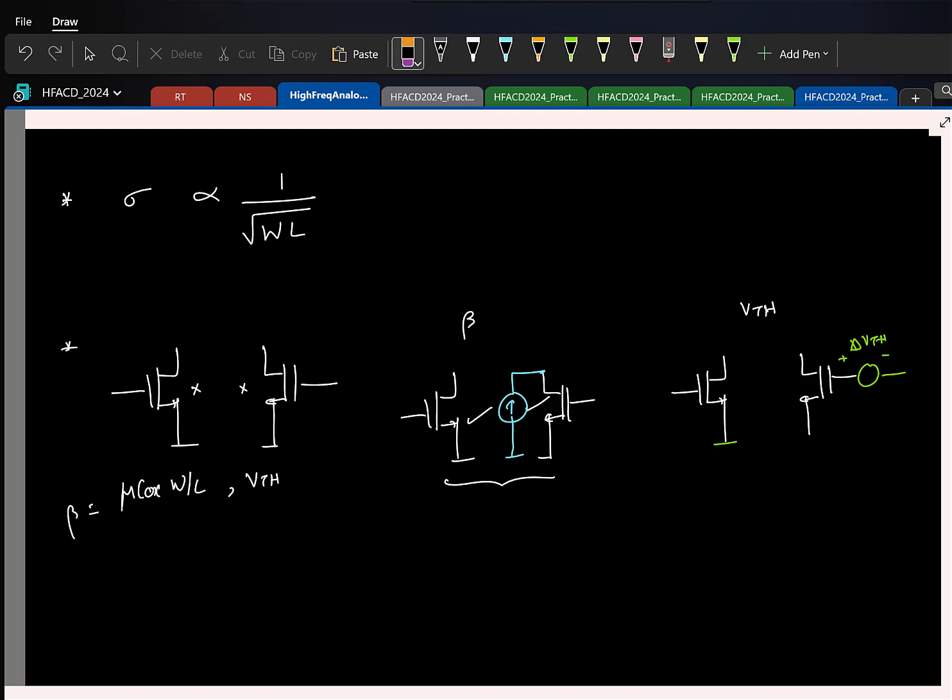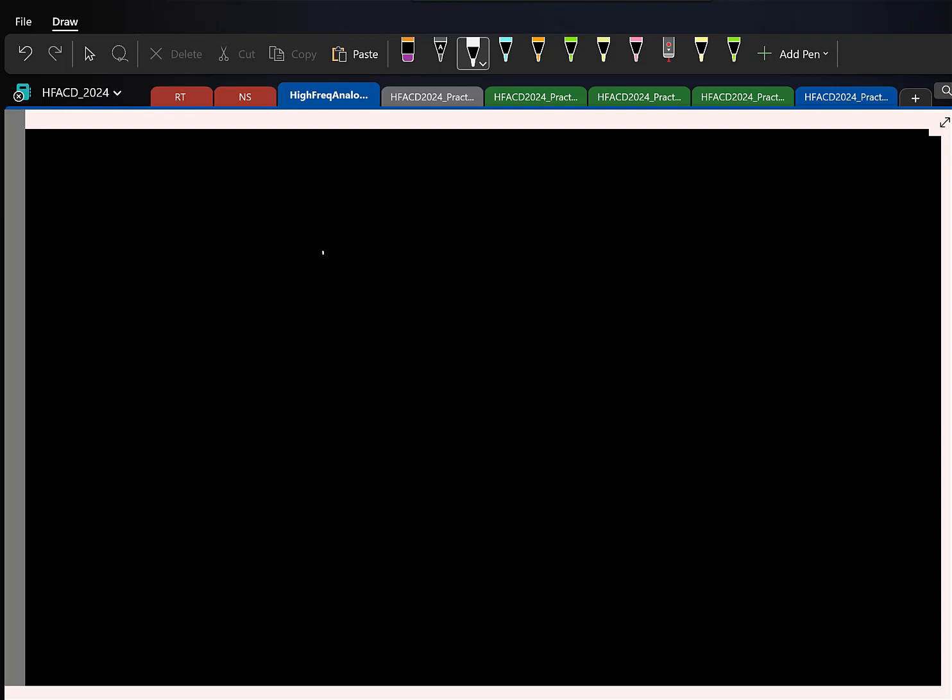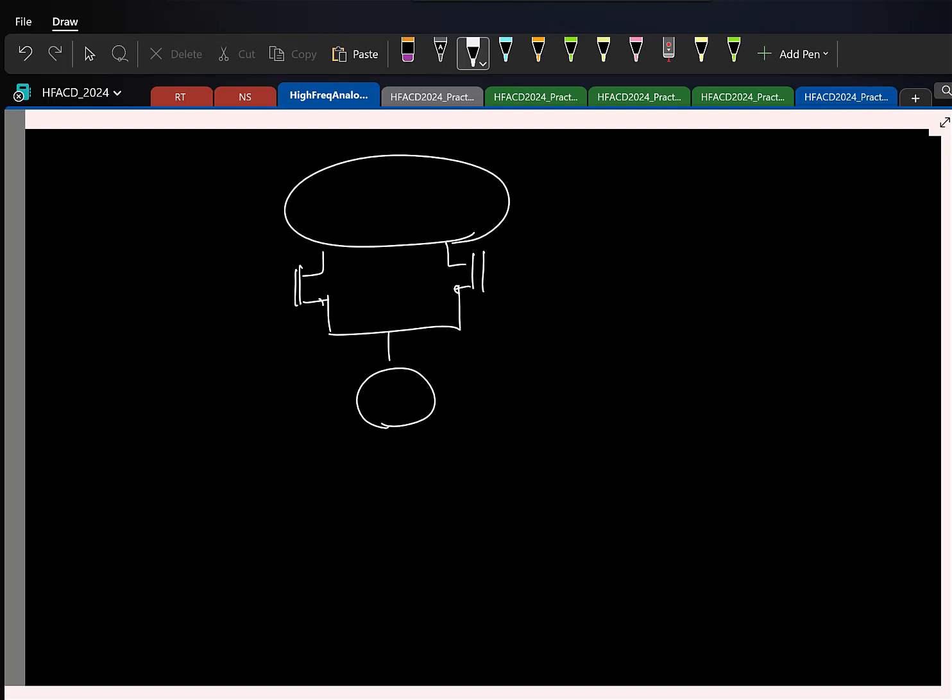Now if you take all your differential amplifiers, which form the basis of all your op amps, you are going to have this structure, and any two identical transistors in this circuit will have mismatch.